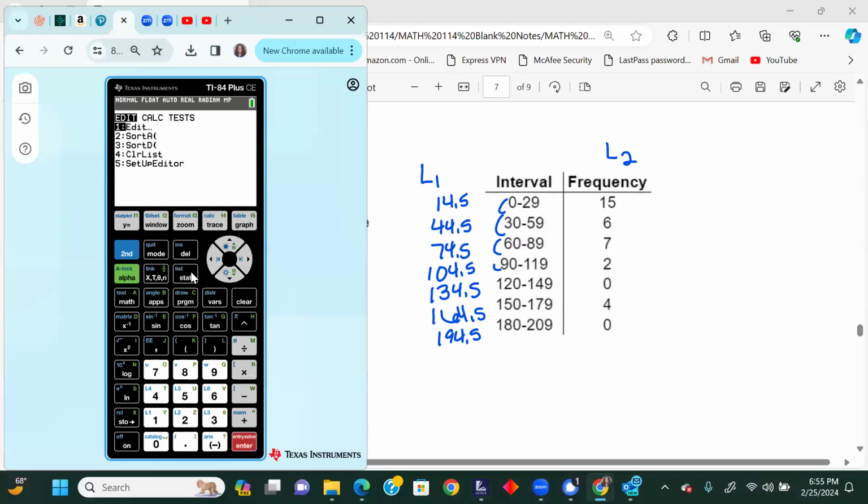So Stat, Edit. And I want to clear both of these out. The midpoints in L1. Frequency.